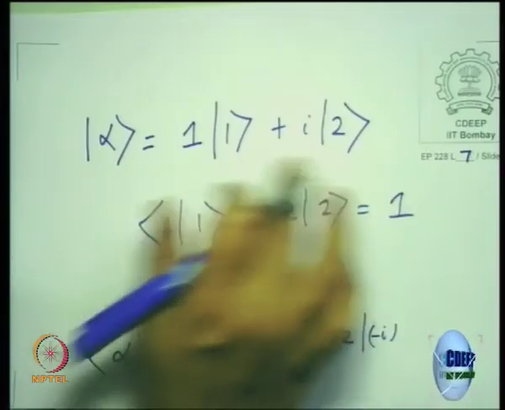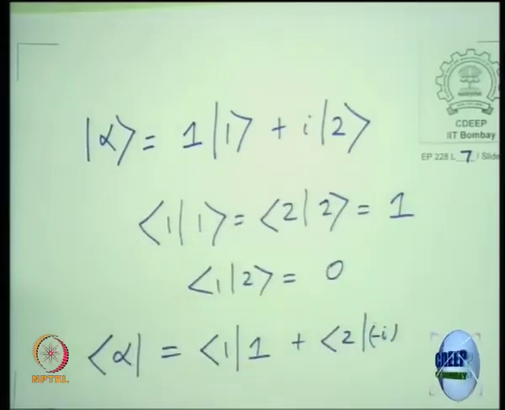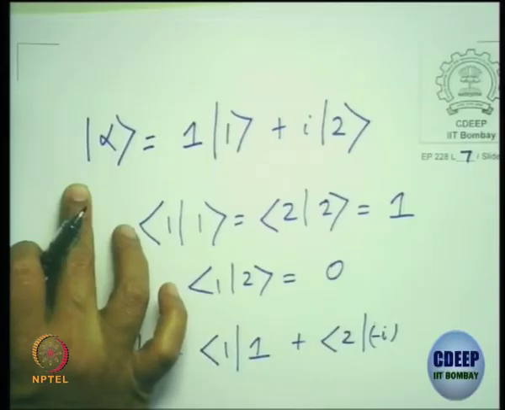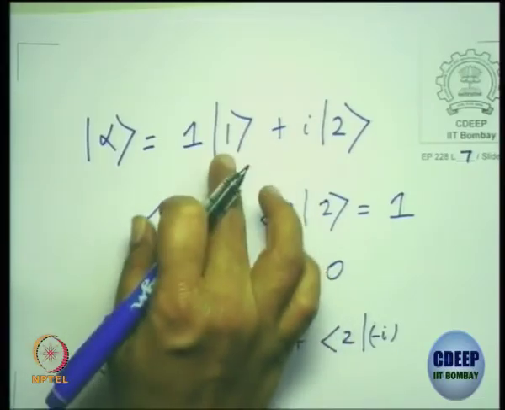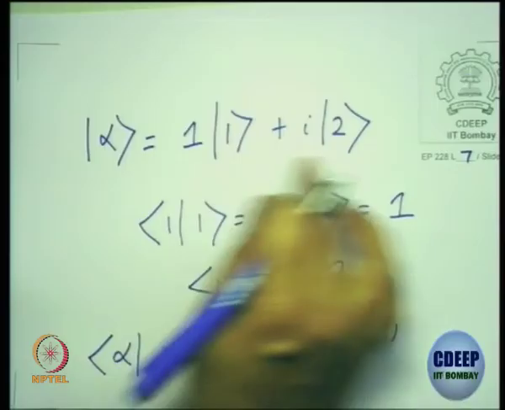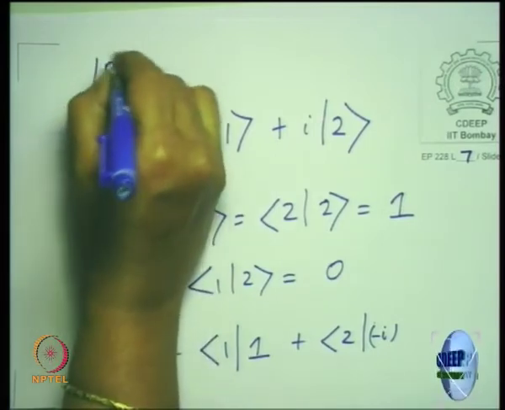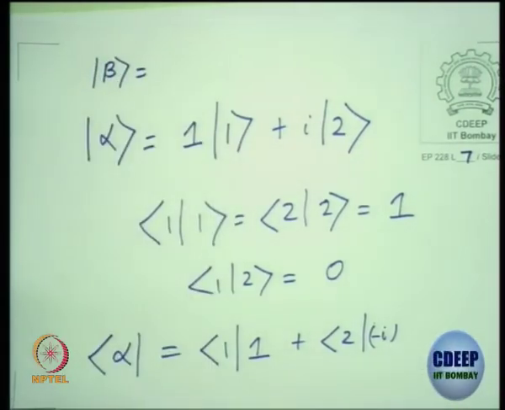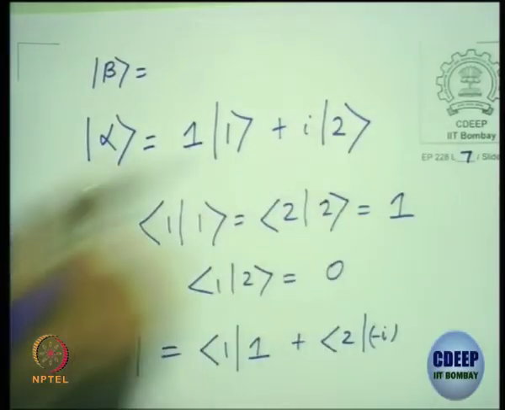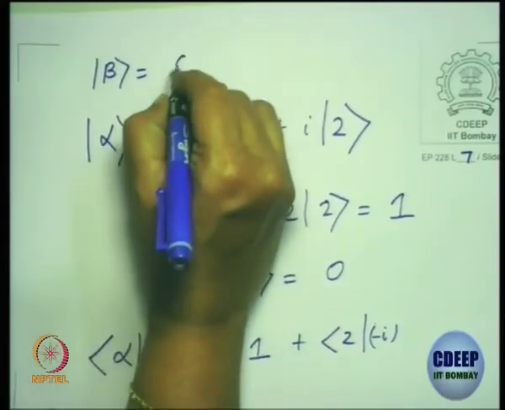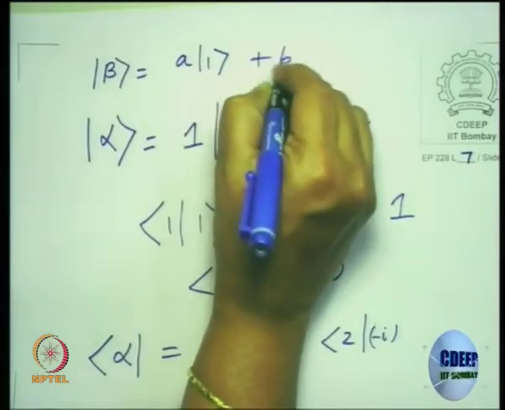Even though I have given it here for some arbitrary vectors, what does the span look like from this vector? There are two vectors required to define this alpha. So the span set should definitely include the ket |1⟩ and ket |2⟩. But an arbitrary beta, if I want to write, it still involves |1⟩ and |2⟩, could be some a times |1⟩ plus b times |2⟩.